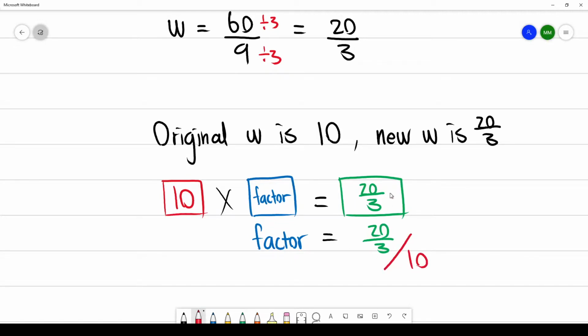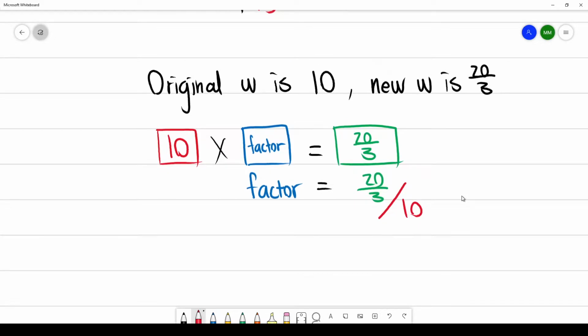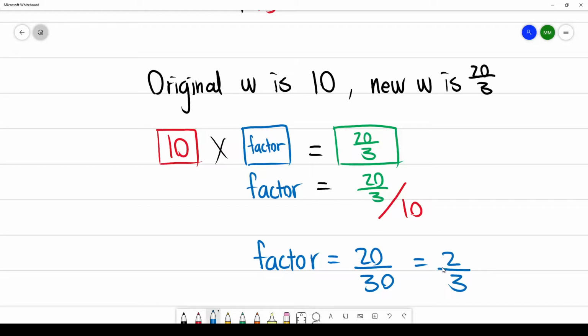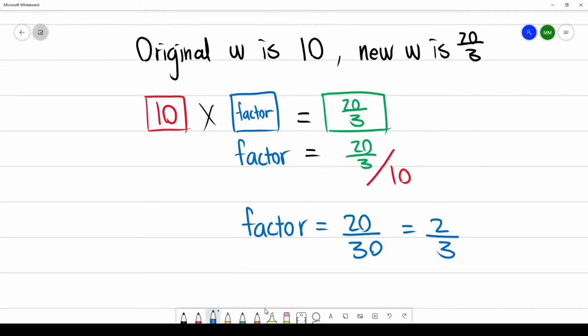So divide by 10 on both sides. So the factor is equal to 20/30, and that's equal to 2/3. And that's our answer.